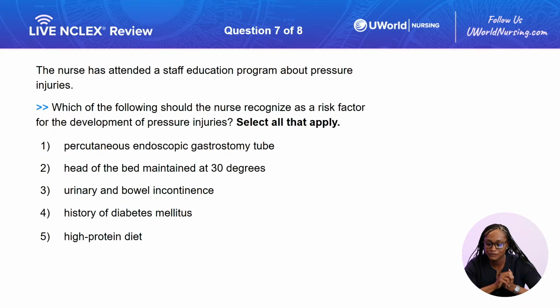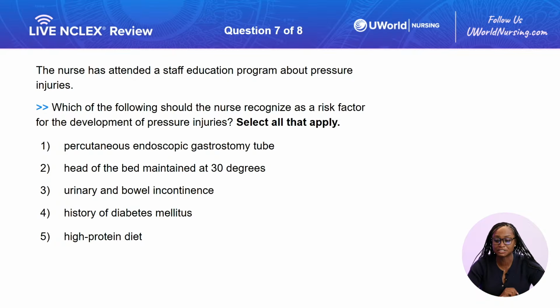I'm seeing lots of 3s and 4s. I'll give you all a couple more seconds in the chat as you recognize risk factors for pressure injuries. Someone's adding some 2s in there.